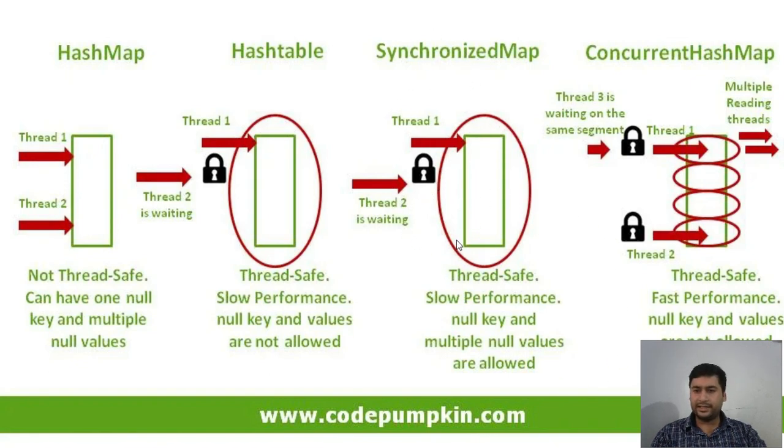Clear? After that, HashMap, Hashtable and synchronized map have only one genuine problem, which is performance. Performance wise, Hashtable and synchronized map are not good. HashMap is good, but when multiple threads are working, data consistency and thread safety issues will come. To overcome all those problems, we came up with the ConcurrentHashMap.